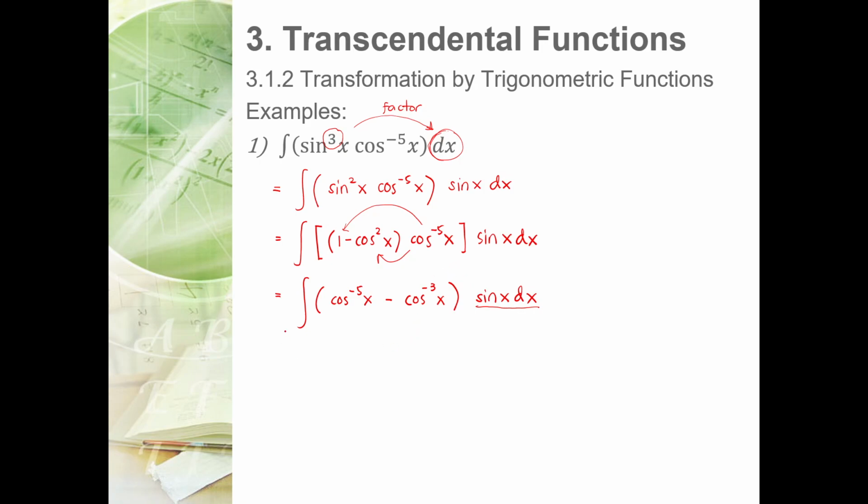So this is the next part here: we have cosine to the negative 5x minus cosine to the negative 3x, sine x dx. Next, we're going to do the u sub technique. Again, we won't be distributing this term because it's already factored out as per the first step.